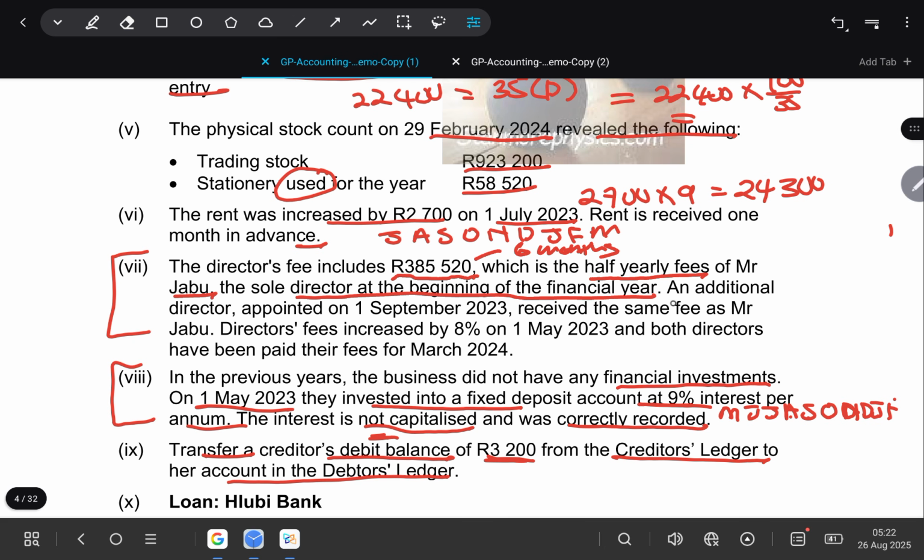And then they are saying that an additional director was appointed on the 1st of September 2023, who received the same fee as Mr. Jabu. Directors' fees increased by 8% on the 1st of May 2023, and both directors have been paid their fees for March. So in other words, these two directors have been paid for 13 months. But remember, it means we made 2 payments.